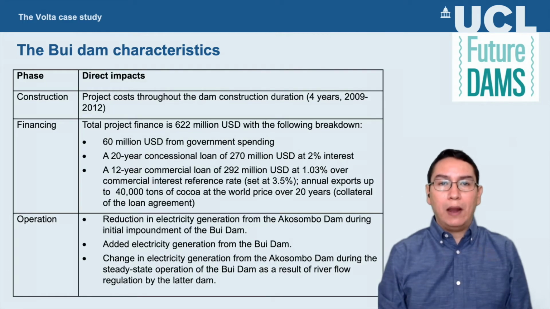Here we can see the main characteristics of the Bui Dam according to the construction, financing, and operation phases. The Bui Dam was built in 4 years and cost $622 million.